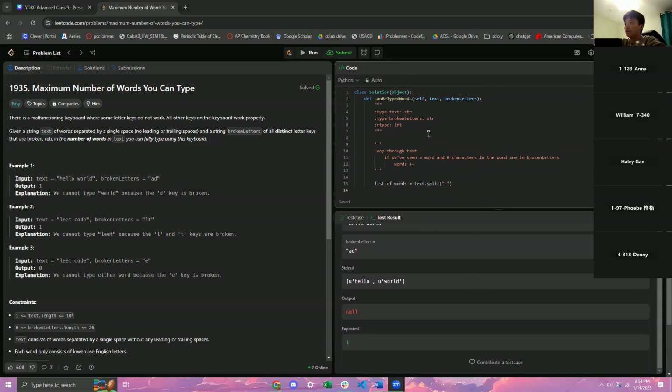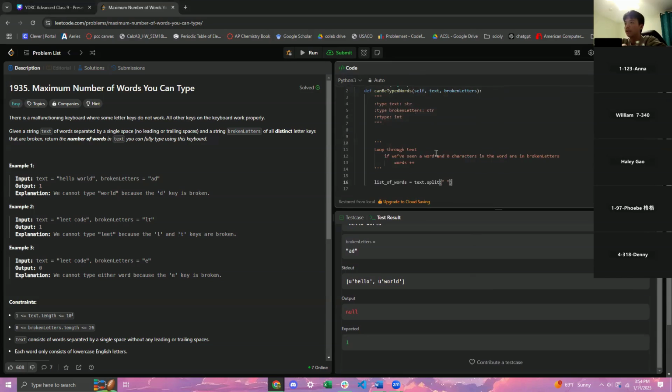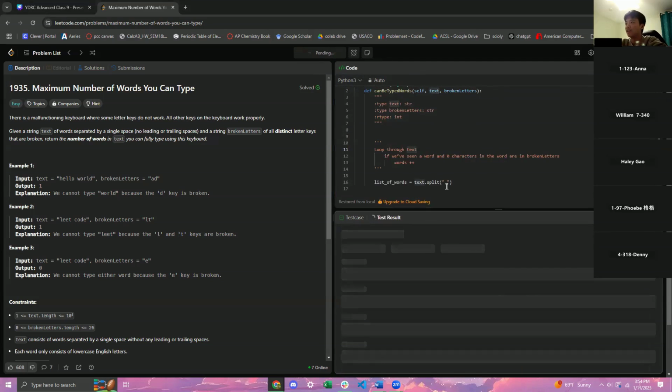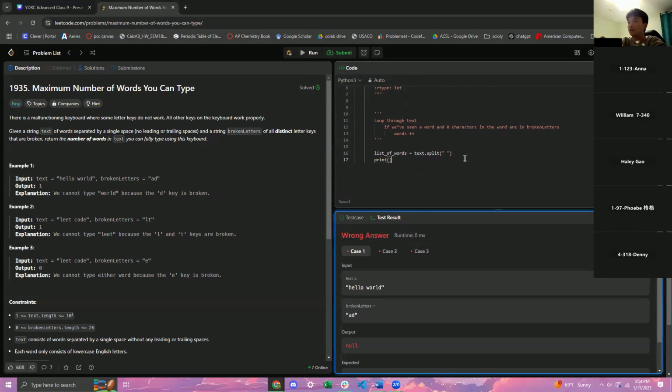Maybe I can try Python 3 and see if it works. Python 3 and Python are basically the same thing. Oh, and it didn't print it.